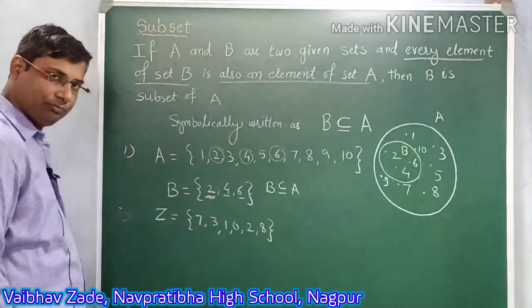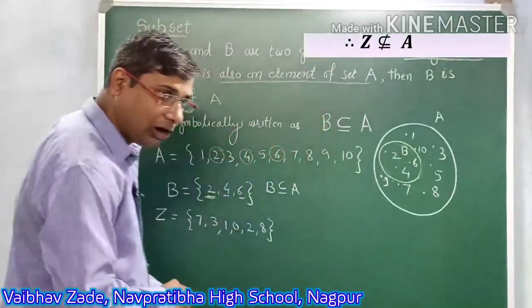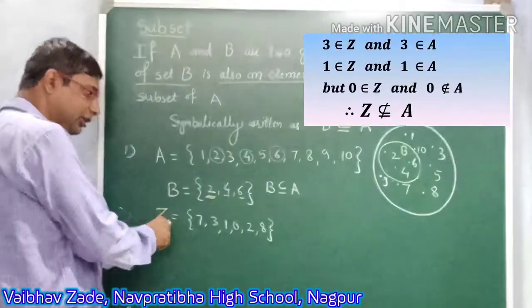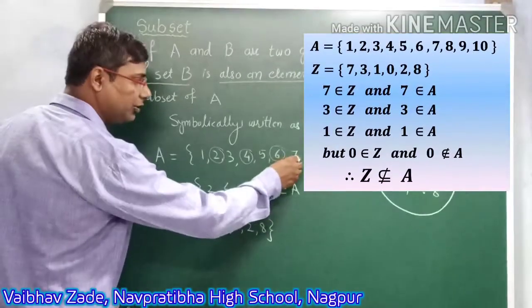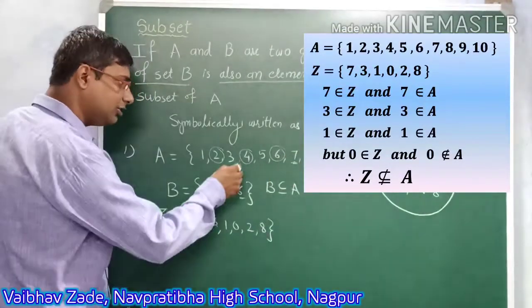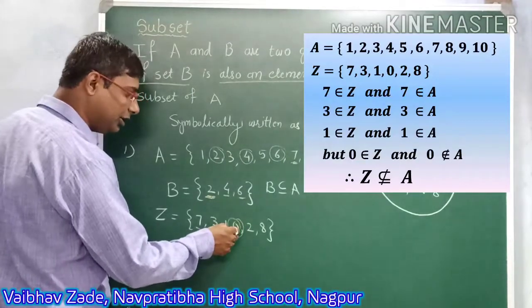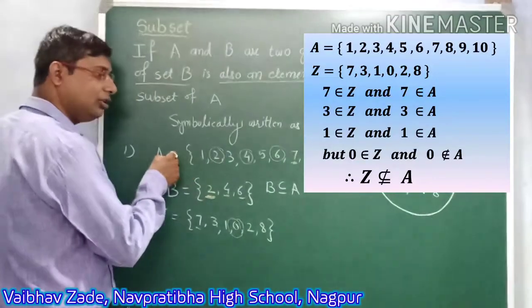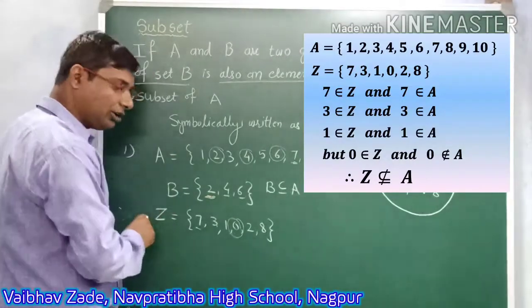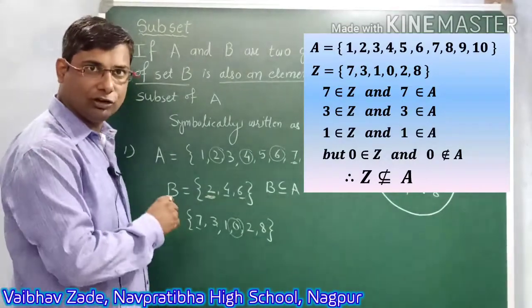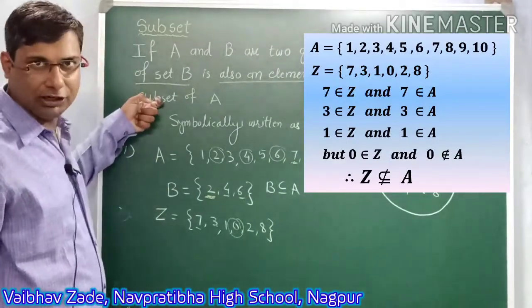Now let's once again check whether all elements of set Z are in set A. 7 is there, 3 is there. 0 is in set Z, but there is no 0 in set A. So here the first condition fails. Not all elements of set Z are present in set A.